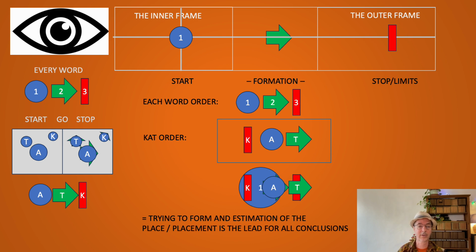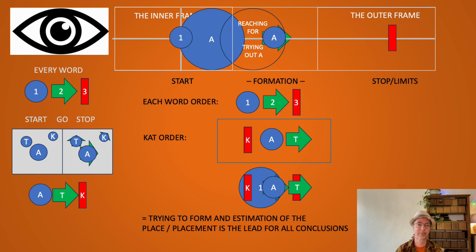So the starting points, by the way, and how we look for the starting points, are estimations, and it's even more in estimations. We try to estimate the placement, the coordination, before we can come to a conclusion.